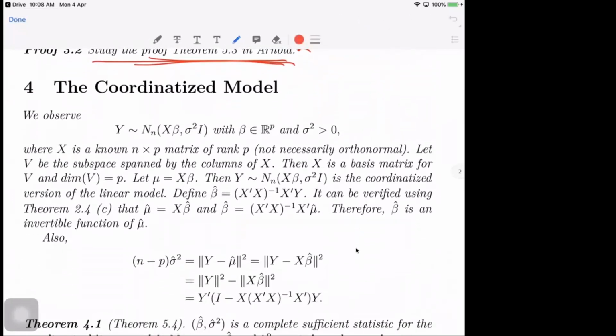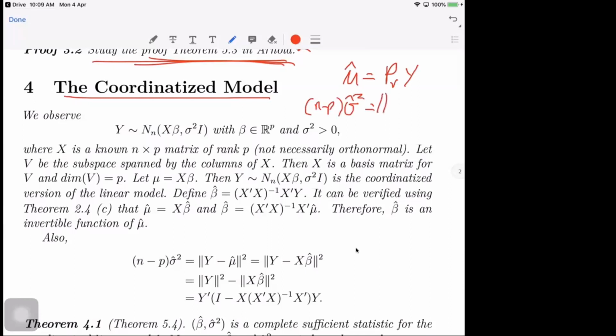Next, we emphasize now our study of the coordinatized version of the linear model. So aside from mu hat and sigma hat being a complete sufficient statistic, our mu hat in the coordinate-free version is just the projection of y onto V. And our sigma hat square times n minus p is actually the squared norm of the projection of y onto V perp.